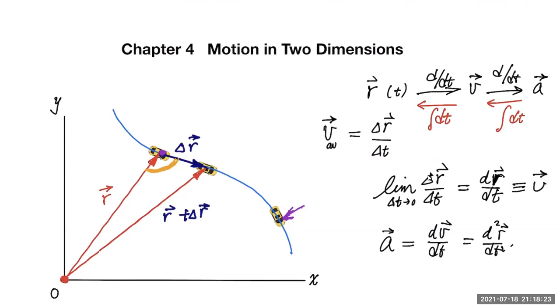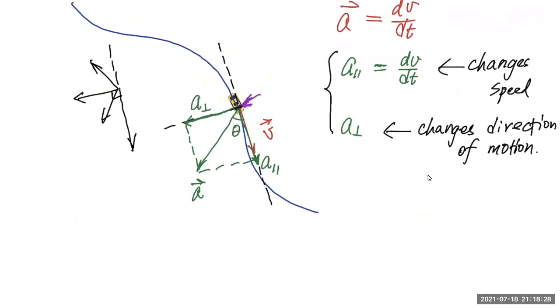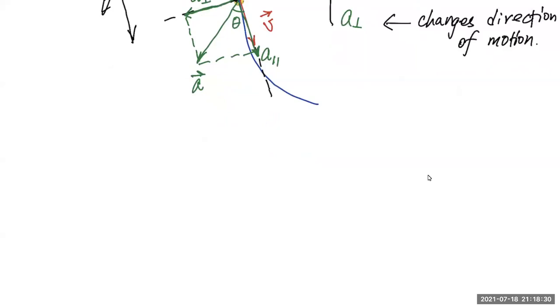But let's write down the formula to go from a back to v and then back to r by integration. You start with dv equals a dt, because a equals dv/dt.